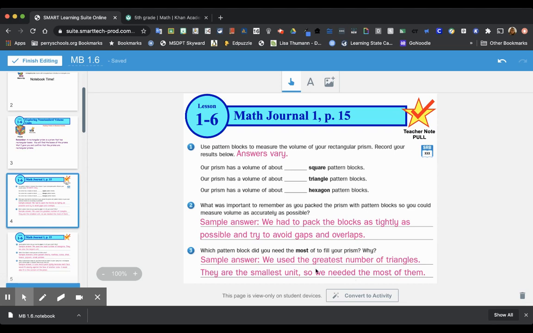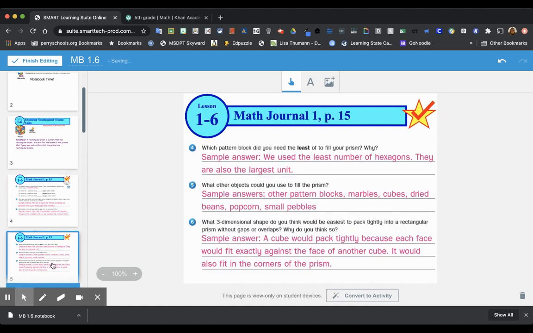So triangles and hexagons definitely create a gap. The hexagons were larger, so you had less of them. What we're trying to get to is something that is set, that you're always going to use, so that you have a consistent number in measuring, okay?